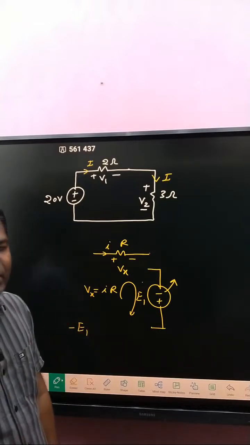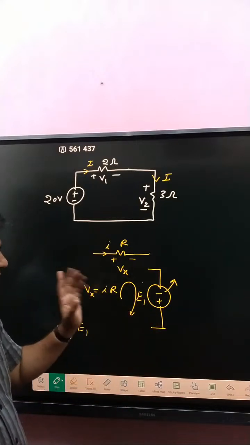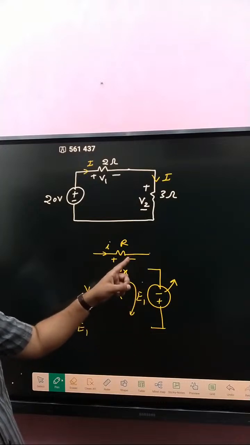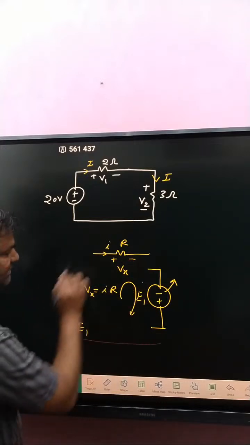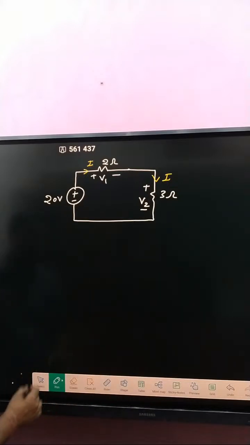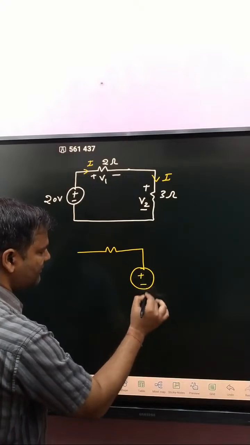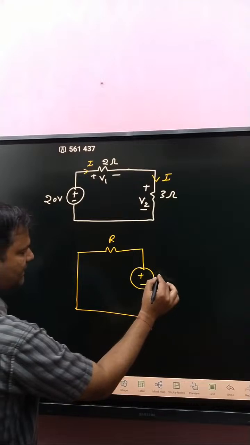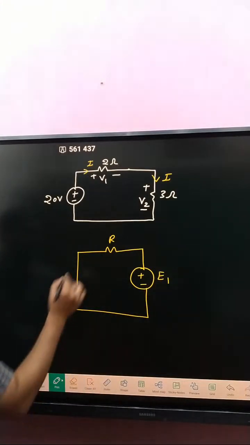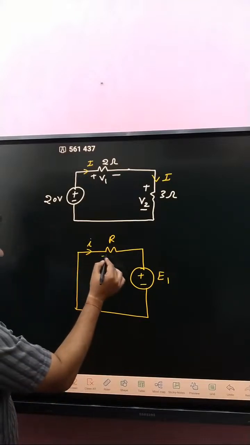But most of the students take plus first. Suppose a circuit with R and E1, with current entering the positive terminal, then here is positive, here negative.